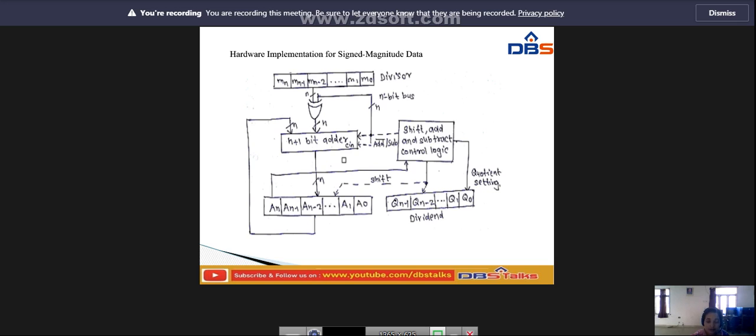At the end of the division problem I will get some remainder, 1 or 0. That is the remainder, and that partial remainder is shifted to the left.